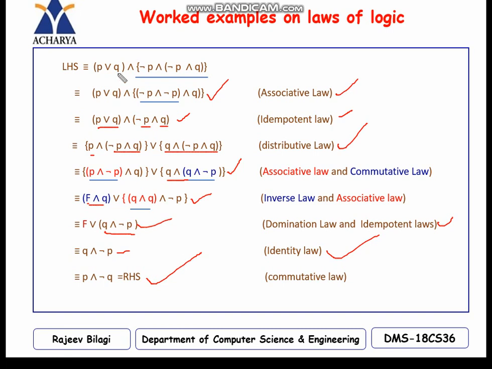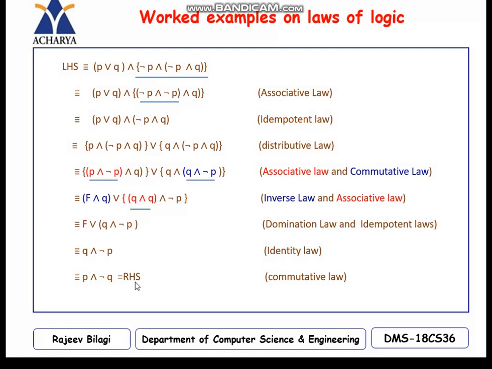So I started with this and I stopped with this particular part, P and negation of Q, which is the RHS which is required. So this is how we are going to apply the different laws of logic in order to prove the logical equivalence.